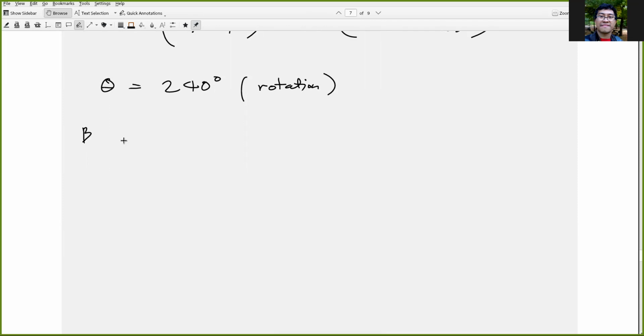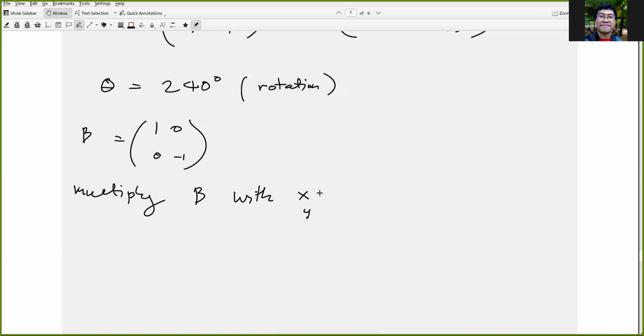So for B, which is 1, 0, 0, negative 1, we multiply B with any arbitrary column vector xy. So you have B times xy, or 1, 0, 0, negative 1 times xy.